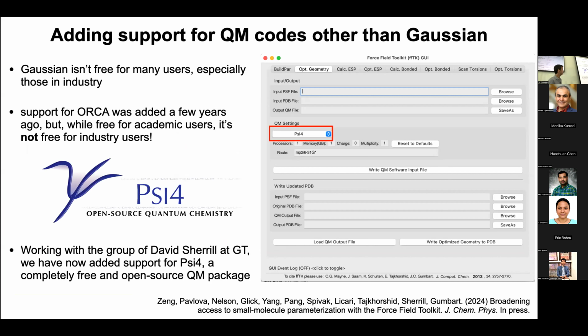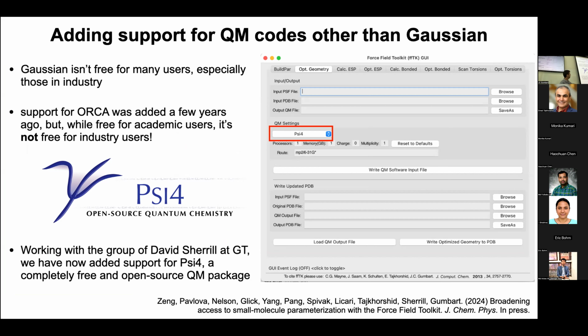So that's where we turn to my colleague at Georgia Tech, David Sherrill, who develops a code called Psi4, which is a very nice, very easy to use quantum chemistry code. And now we added support for that in ffTK. It's not going to be in the version I think you downloaded just this week, but it will be in the next version that comes out.